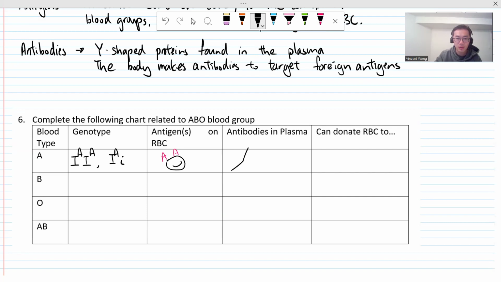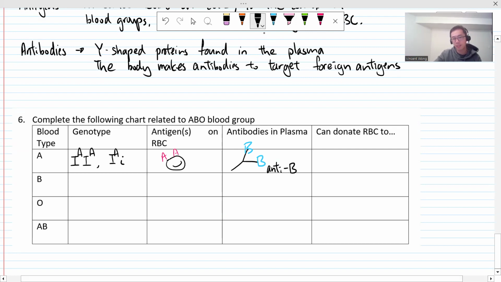So in this case, you will make antibodies that attack B. This is called anti-B antibodies. So people with type A blood will have anti-B antibodies in their plasma.